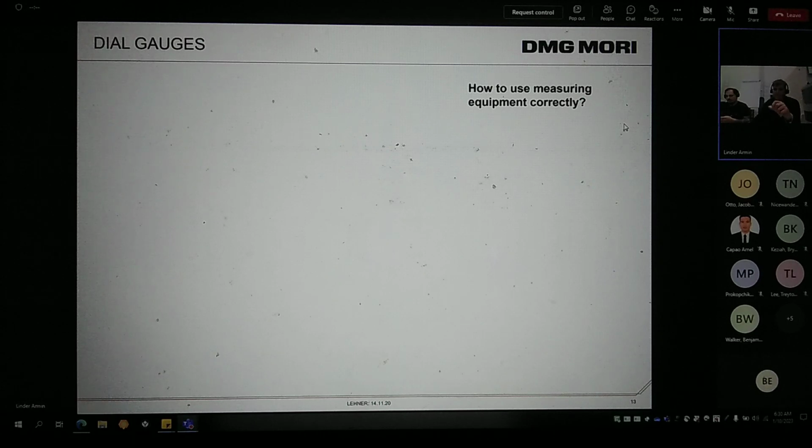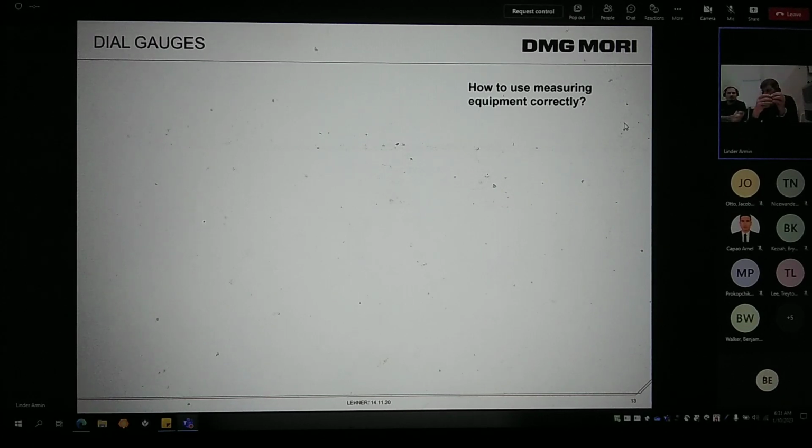Some indicators have a ruby on the point. Did you know why we have the ruby or the sapphire ball? Not sure? Sometimes on our machines we have scales or something that are magnetic or have a magnetic field.